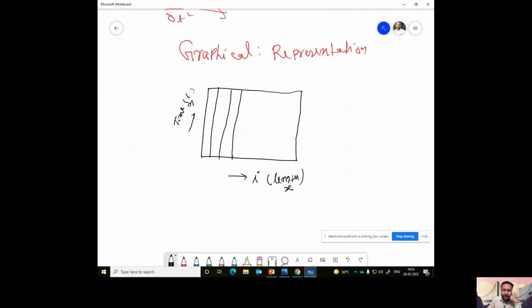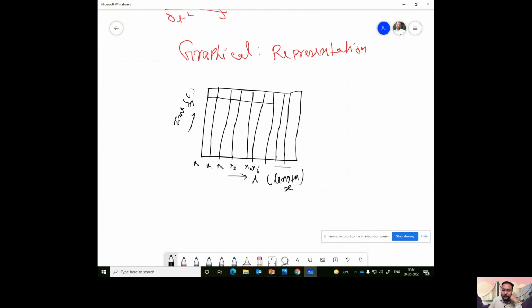Suppose I am doing the discretization here. So I have discretized. Suppose it was x0, it is x1, x2, x3, x4, x5. I can do the discretization.